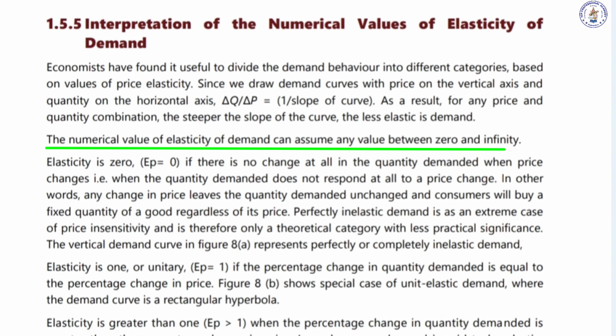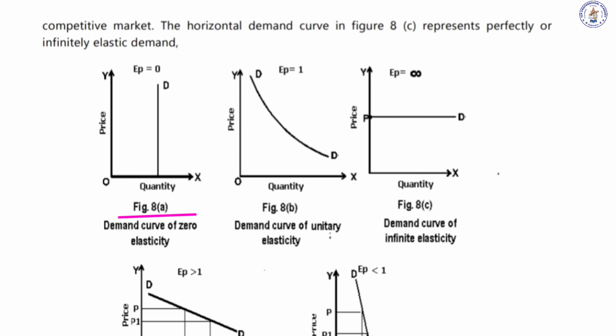The explanation anyhow is given on page number 2.30. Let me now take the first example, wherein OX is the quantity in figure 8a and OY is the price. For any price, the quantity demanded does not change at all.